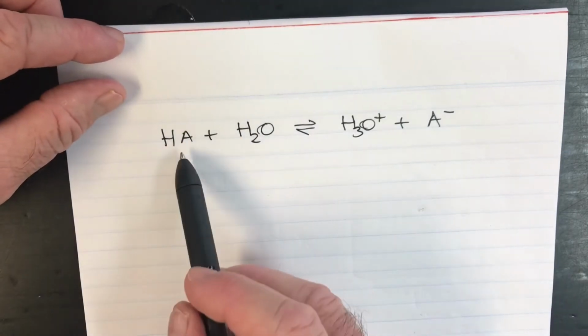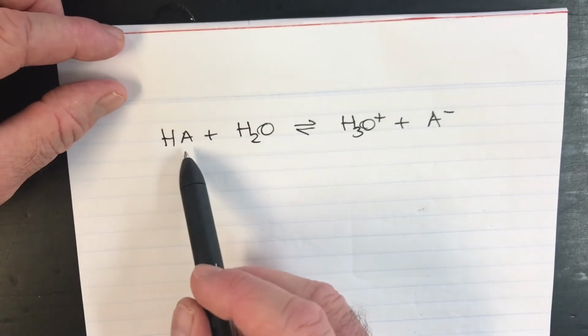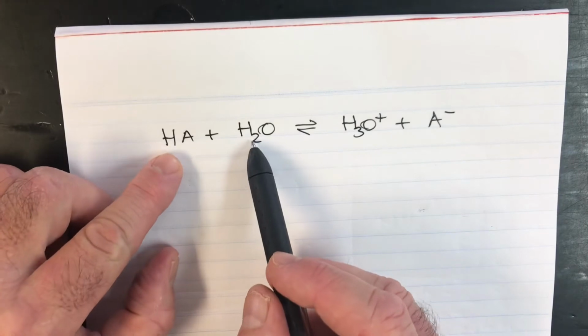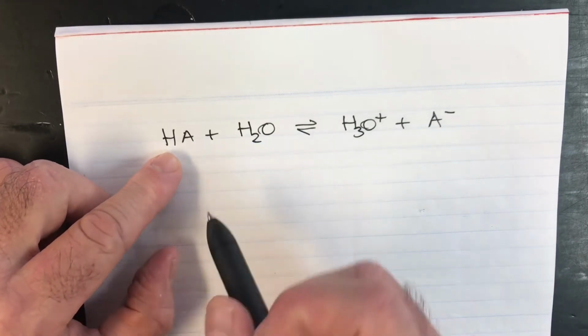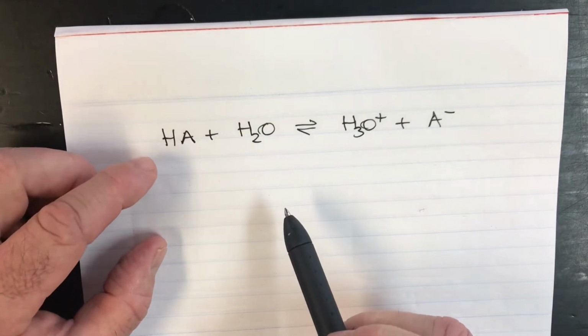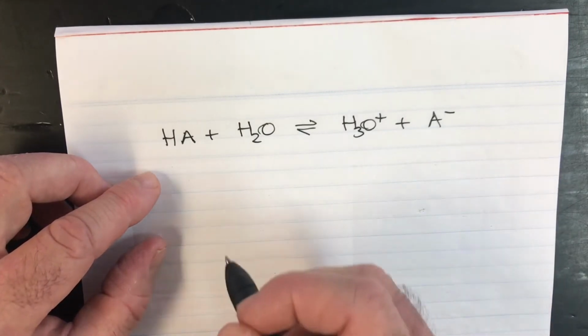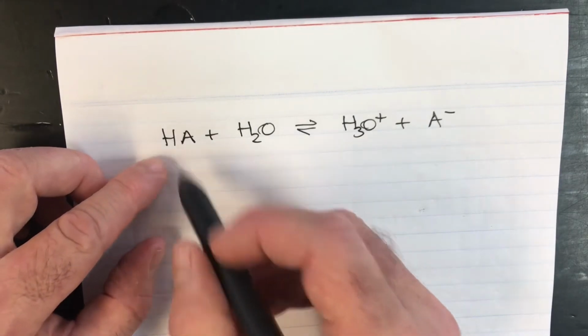So which one is the acid over here? They both have hydrogen. But the question you've got to ask yourself is, which one has the ionizable hydrogen, where the hydrogen ion can detach and go into solution? Well, it's this one here.